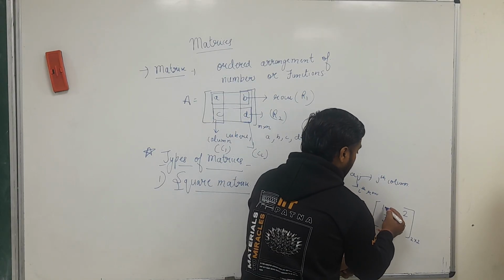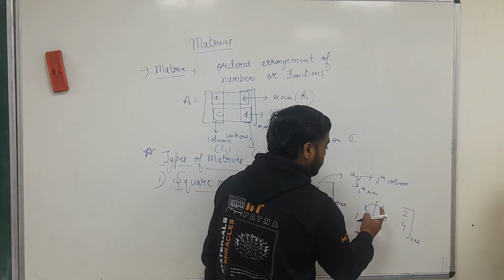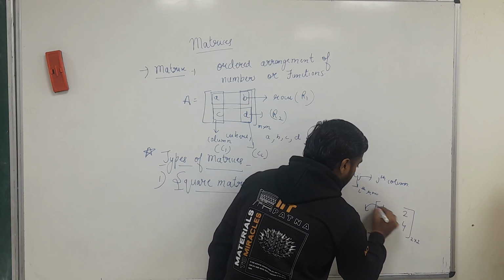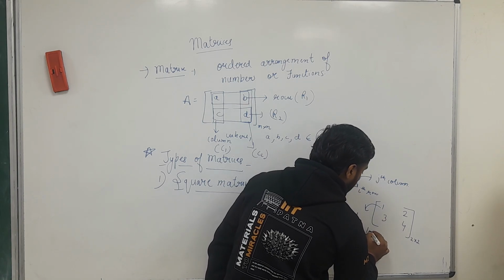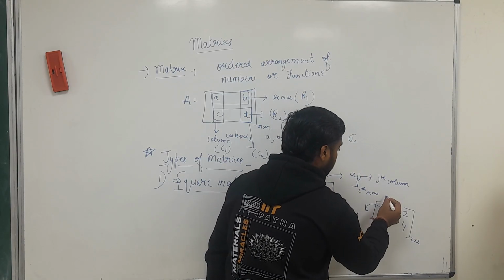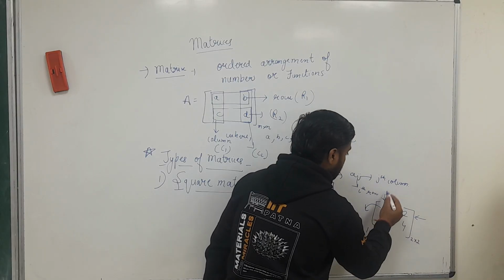We take the first element. The first element entry is 1, which is located at the first row and first column. This is the first row and this is the first column.